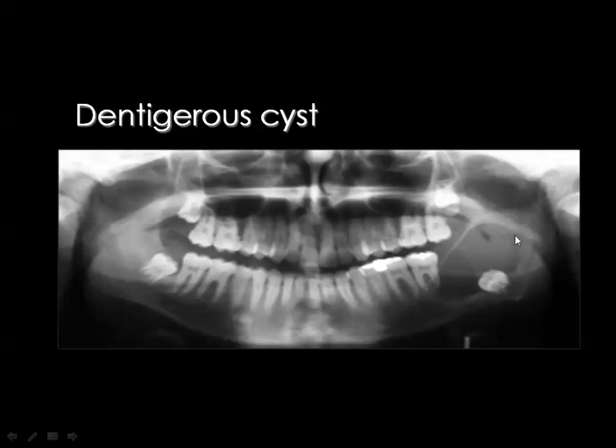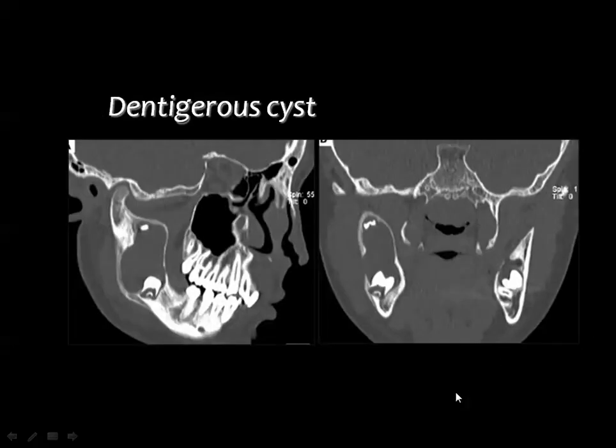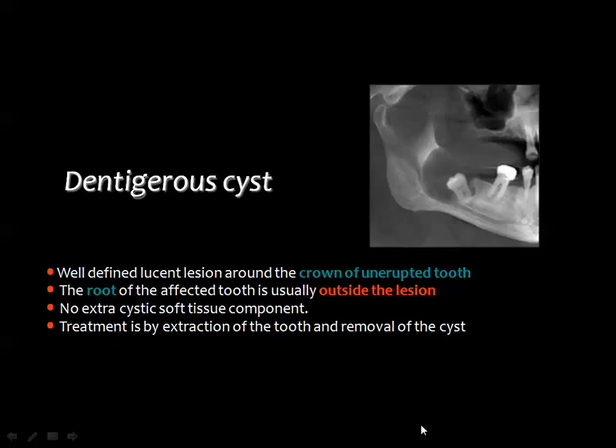You use the CT scan with 2D reconstruction, and you see a cystic lesion in the mandibular ramus, related to the crown of this unerupted tooth, diagnostic of dentigerous cyst. As I have mentioned, the root of the affected tooth is usually outside the cyst, and the cyst is related more or less to the crown of the unerupted tooth.